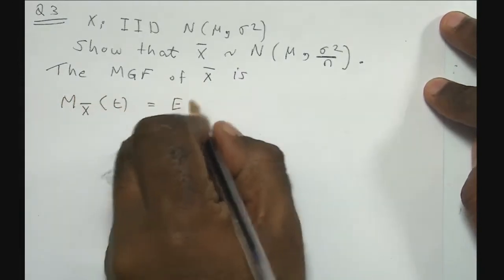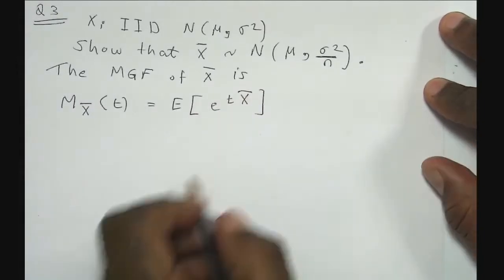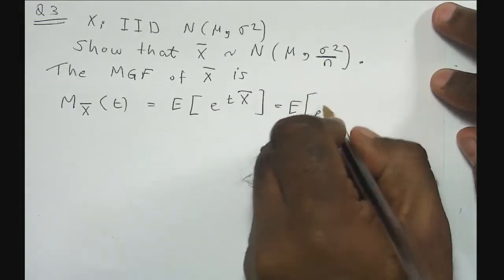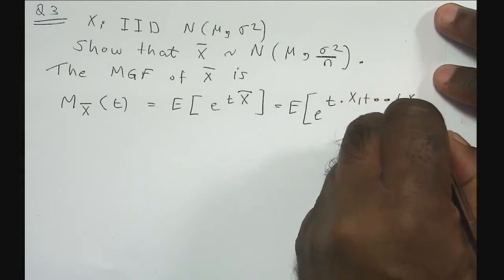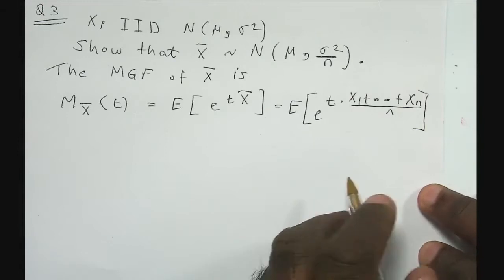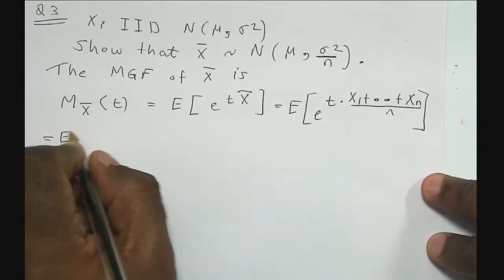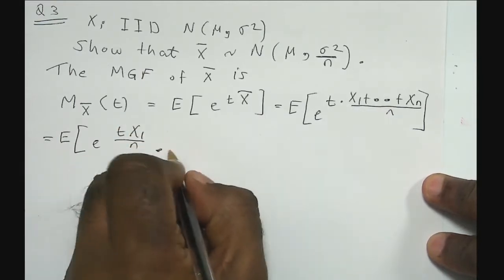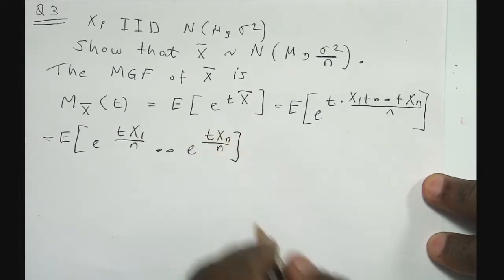by definition, is the expectation of, and this you can write as this, because remember x bar is the average, the sample mean. Now this you can write as this, right?